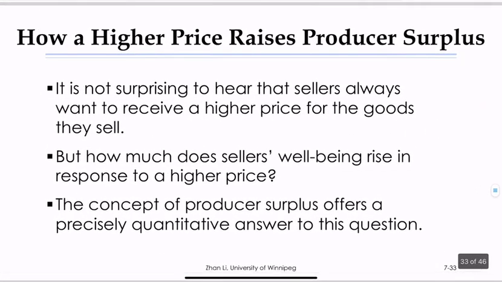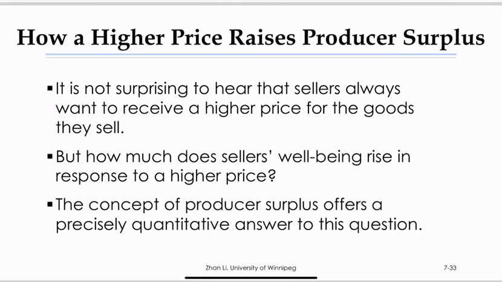Now let's examine a question which is similar to the demand curve case. In the demand curve case, we talked about how lower price will affect consumer surplus. So a related question in the case of producer surplus, we could ask how a higher price will increase producer surplus.